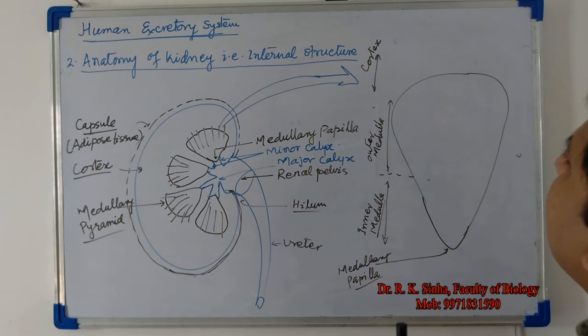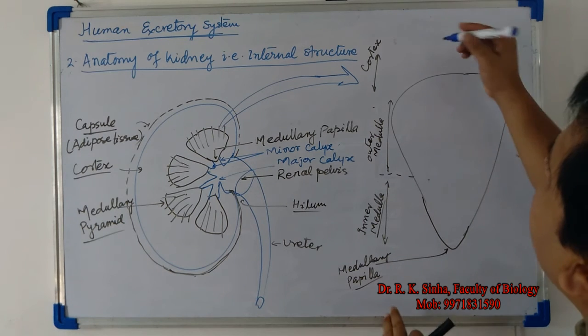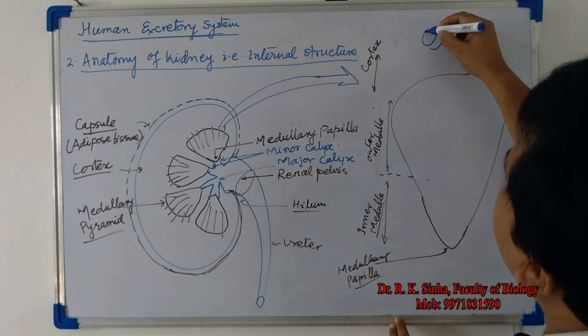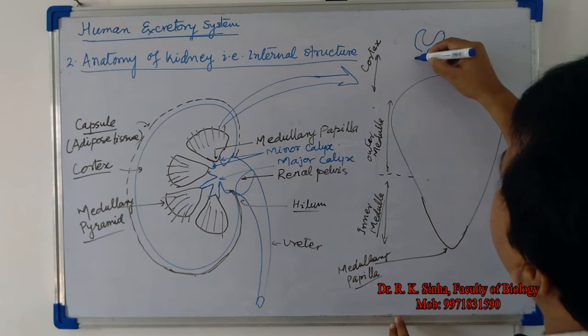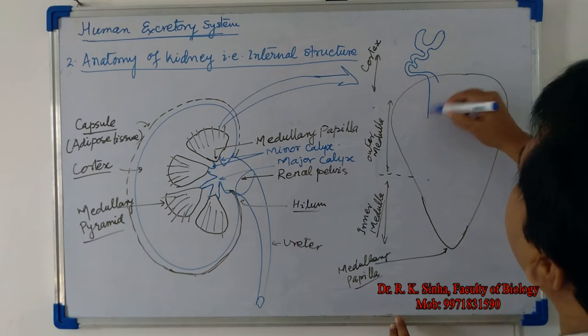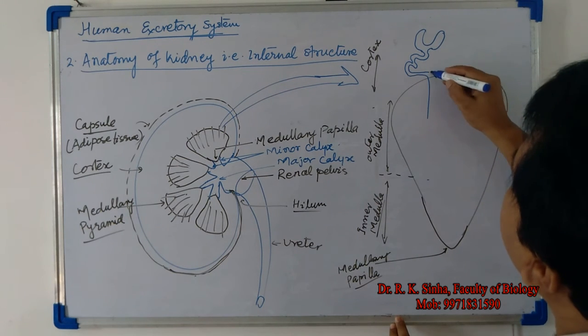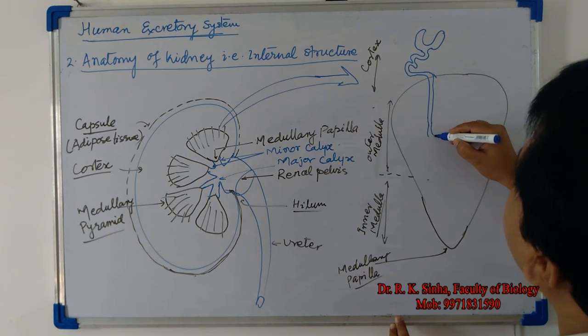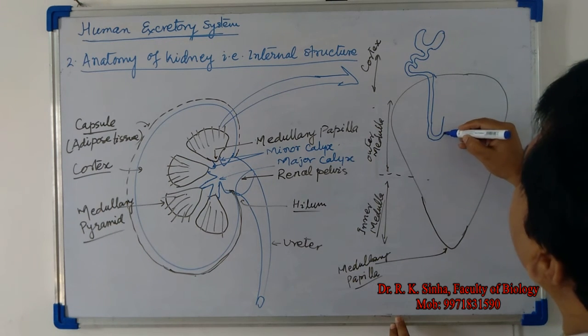So this is the structure of nephron and how this nephron is located here in this region. Suppose this is the Bowman's capsule, and from here it will come and pass through the outer medullary region, and this is loop of Henle.